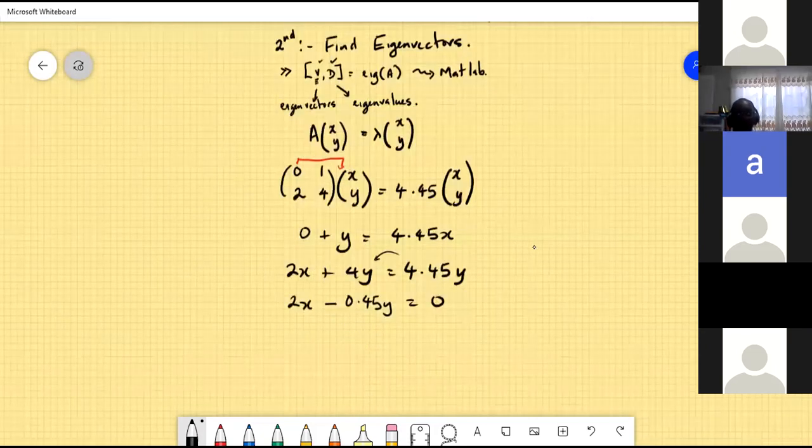So therefore 2x minus 0.45 times y, which is now 4.45x, equals 0. So that's going to give me x equals 0.